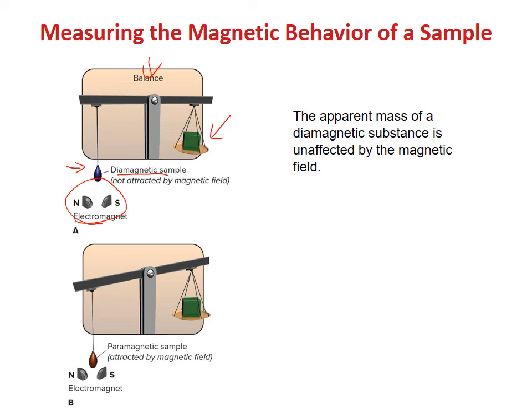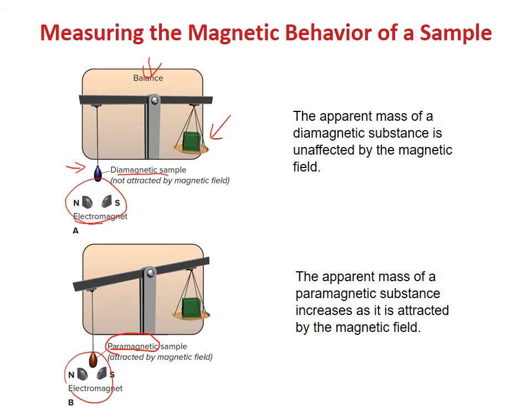On the other hand, if the sample is paramagnetic, that means the sample contains at least one orbital with an unpaired electron, and the sample is attracted by the magnetic field. The apparent mass of a paramagnetic substance increases as it is attracted by the magnetic field.